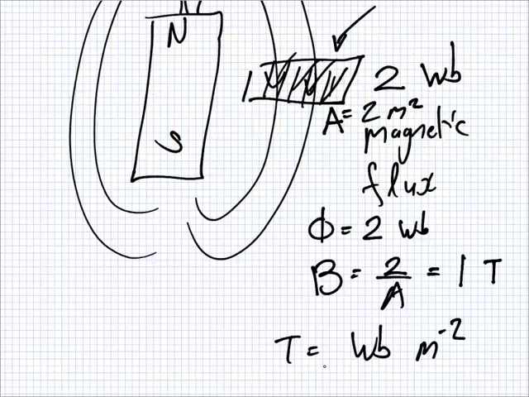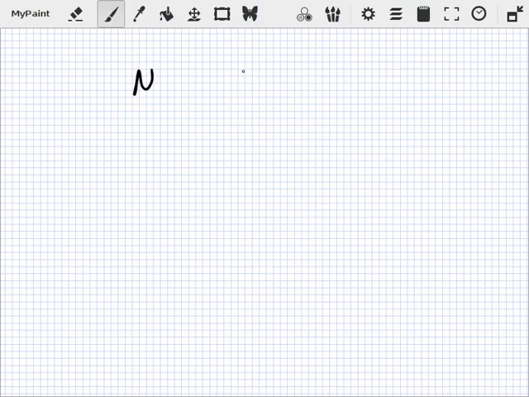So if you think about it like this, if you have a north and an S, they'll be attracted to each other, right? And if you have a north and a north, they'll be repelled.